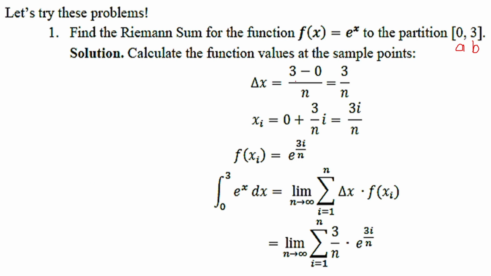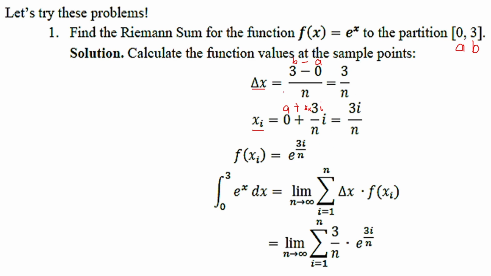Delta x is equal to b minus a over n, as you can remember. 3 minus 0 over n is equal to 3 over n. So we already have our delta x. Now, to get our x sub i, as you can still remember, it is a plus delta x times i. Our a is 0 plus delta x, which is 3 over n, times i.